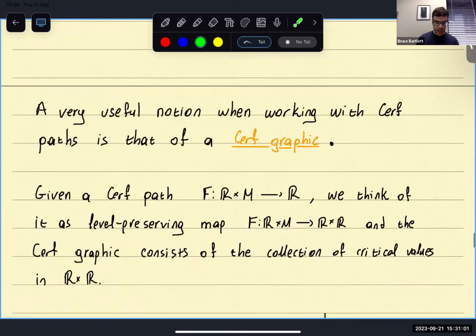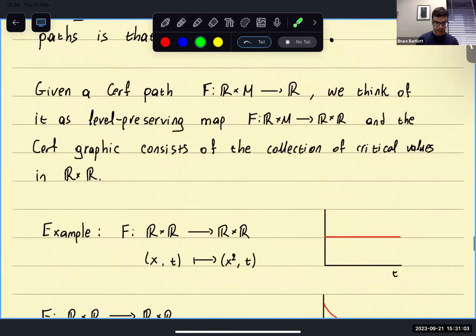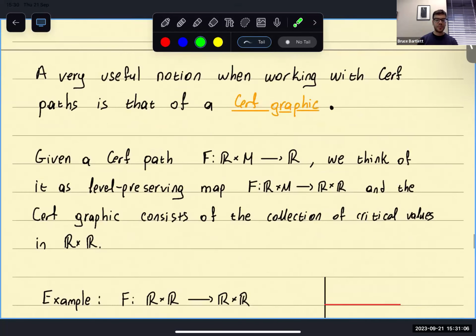Okay, the thing that I do want to pitch is that, when working with these things, and that's what we will progressively start doing now, a very useful notion that's combinatorial in flavor, which allows you to draw pictures and understand a little bit more hands-on what's happening, is this notion of a Cerf graphic.